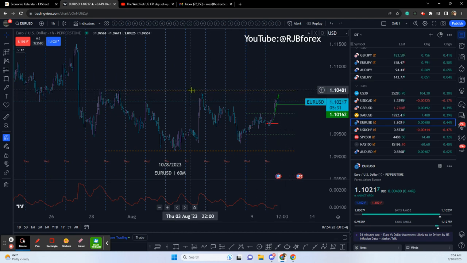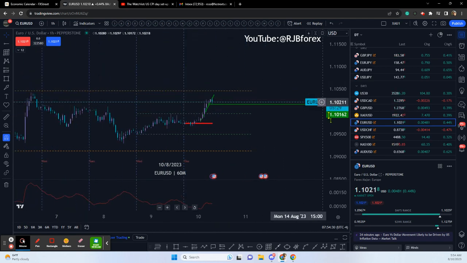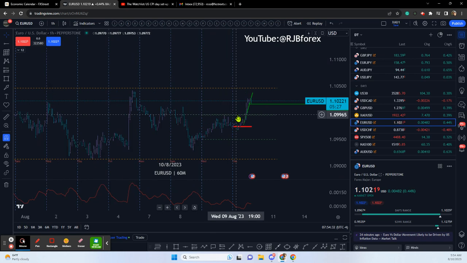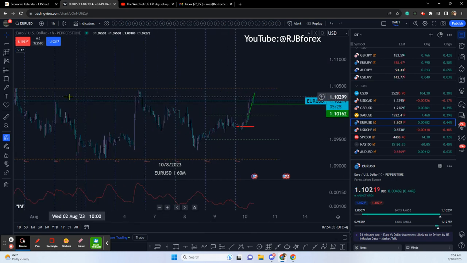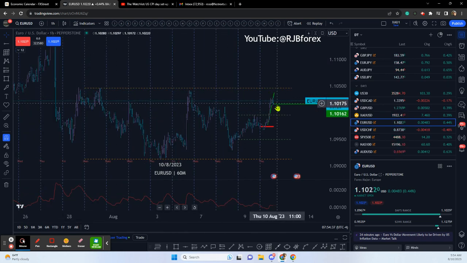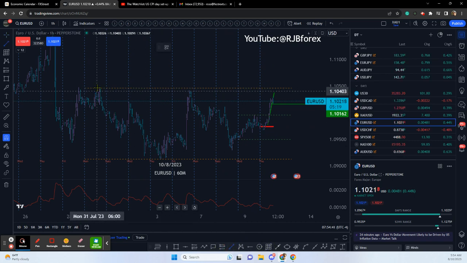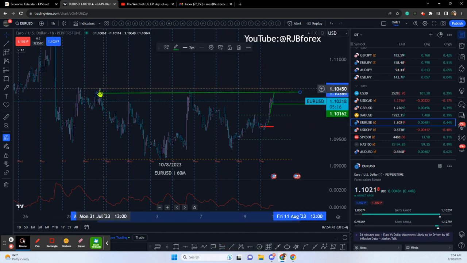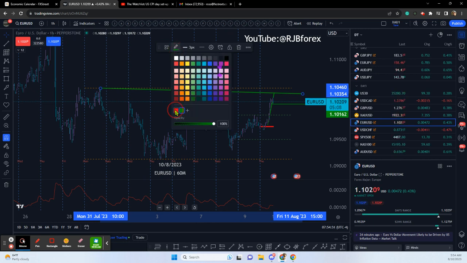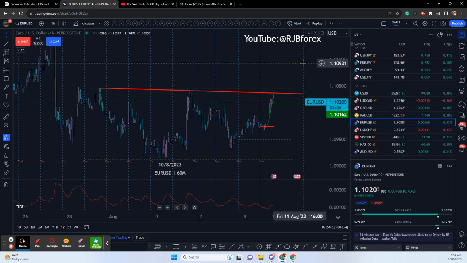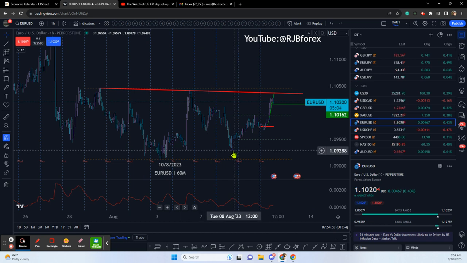I failed to make a higher high so far today within this week structure. So lower high, it's bearish. This could turn out to be a weak low, and therefore we can target down here.